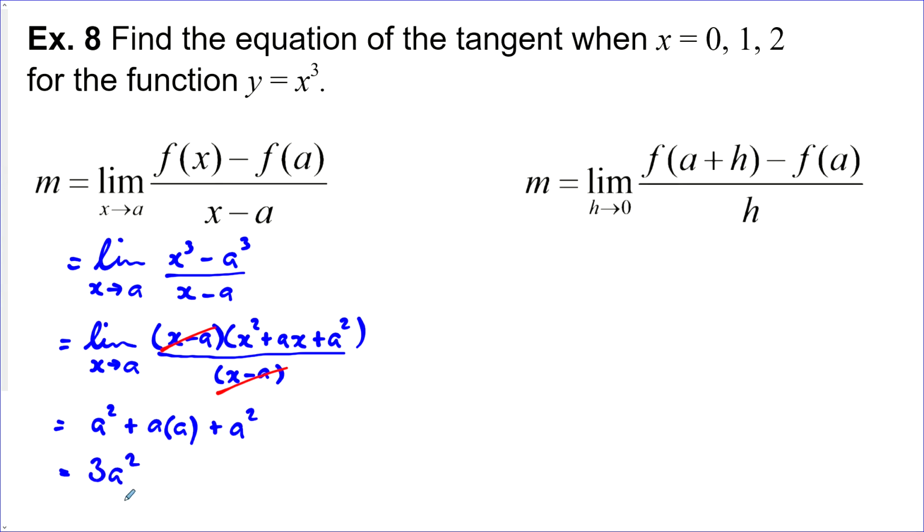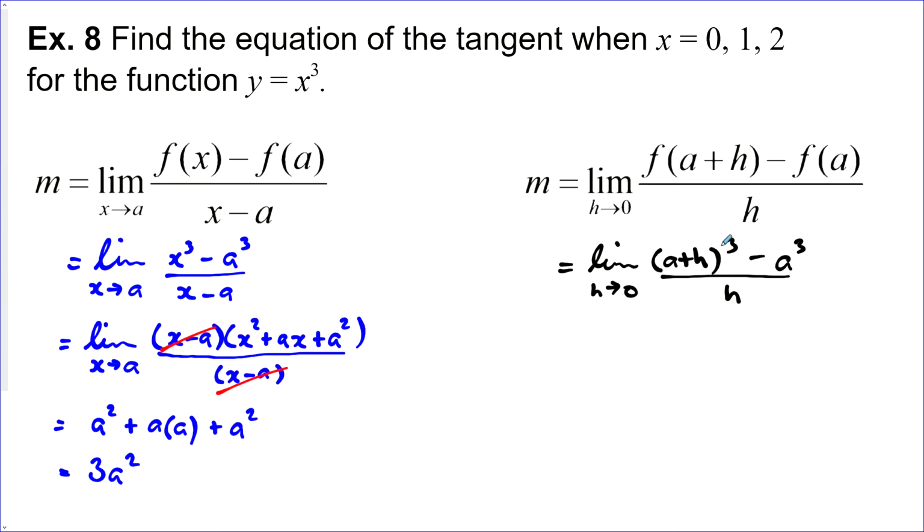And now we could actually use 0 in here, or 1, or 2, and get 3 different slopes, instead of doing this whole process 3 times. Let's try formula 2. We have the limit as h approaches 0, and our function here is a plus h cubed, and we need to minus a cubed, all over h.